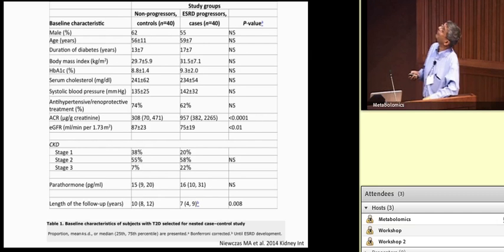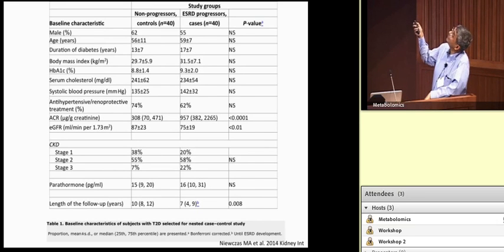First of all, there were about 40 individuals that were deemed non-progressors, and another 40 ESRD progressors. You can see that most of these comparisons are non-significant. The duration of disease, age, body mass index, A1C, lipids, antihypertensive medications, everything is pretty much non-significant between the two groups.